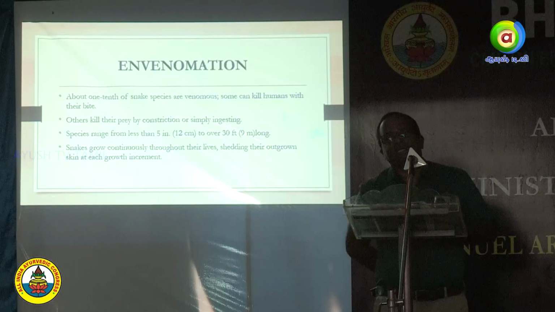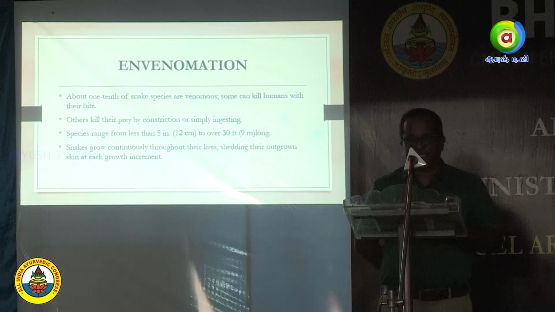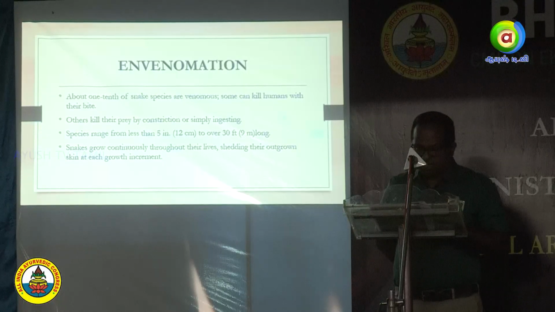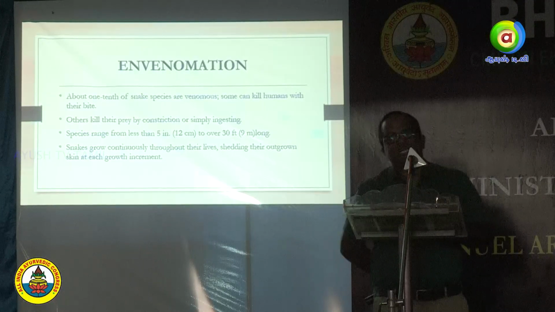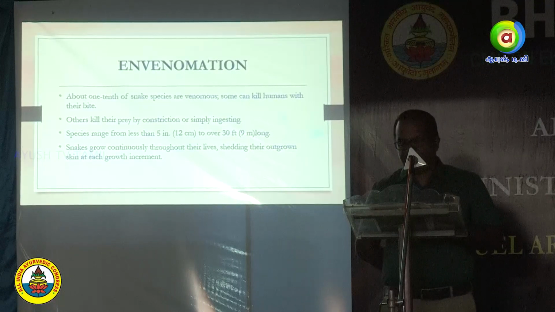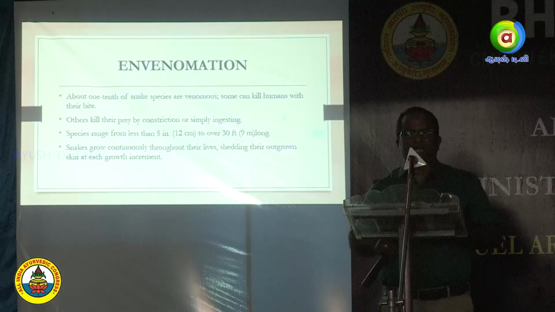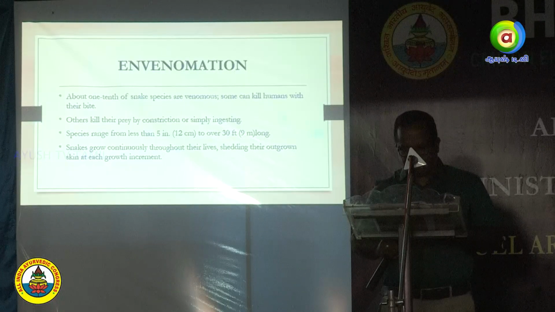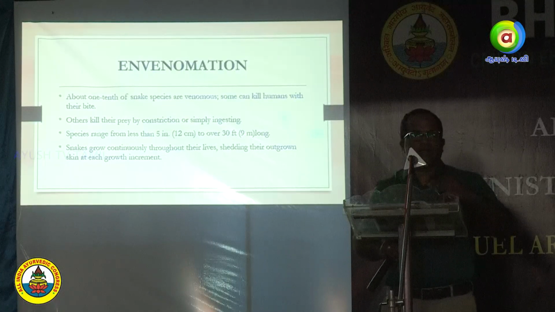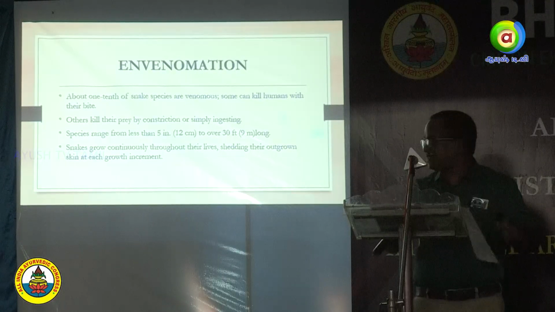Some can kill animals or humans by constriction and some by swallowing, by ingestion. The size of species ranges from 5 inches to 9 meters. Snakes grow continuously throughout their lives. They have the peculiarity of shedding their outer skin at each growth stage. Okay, next.